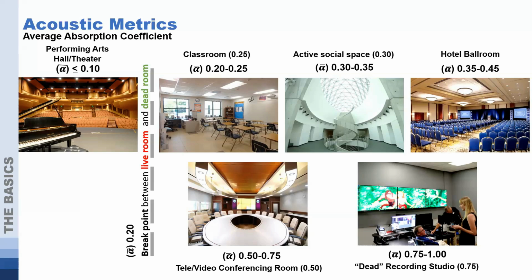These are the spaces that typically have the highest alpha bar approaching 1, where basically almost every single part of the room is covered in absorbent material, and it is very, very dead. This allows for recording to take place and does not allow for much room effect.